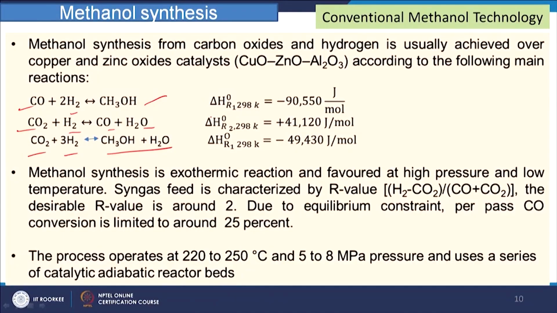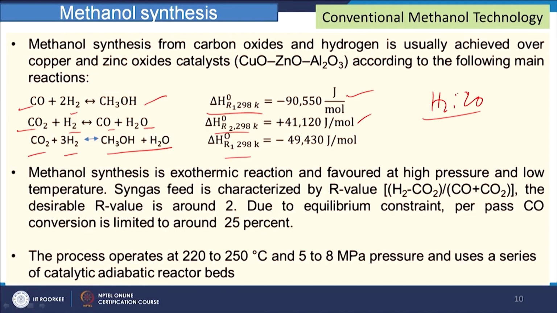So, for these different reactions we have different delta H values as mentioned here; somewhere we are getting exothermic, somewhere endothermic. One important pre-requirement to get the required conversion of syngas to methanol is the R value.